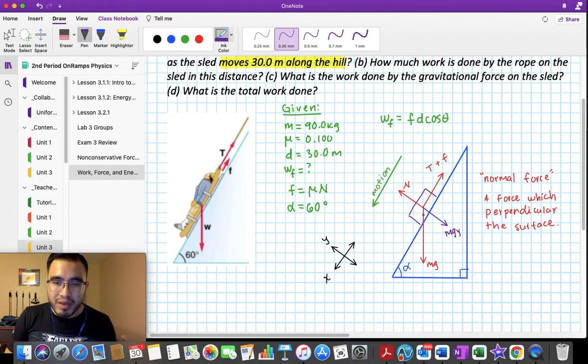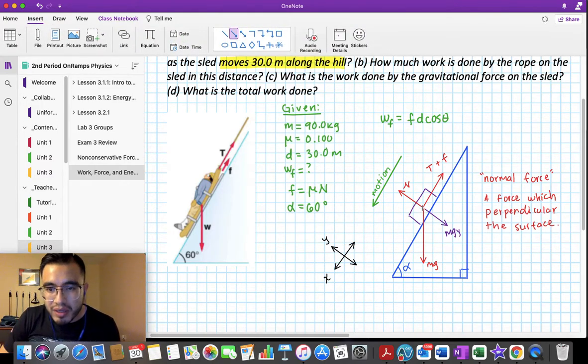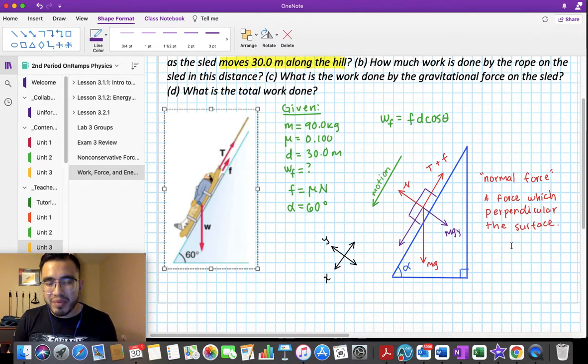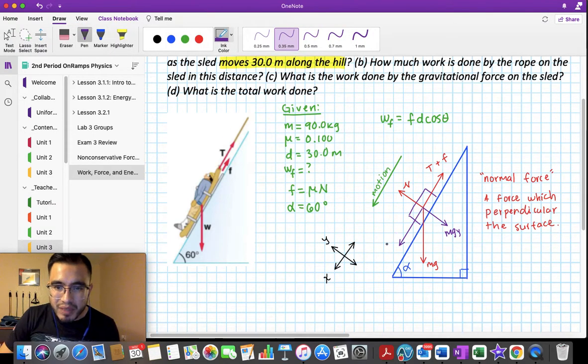And then we're going to have mgx, right? Because if the rope would snap, right? If it snapped, then this victim would just slide down the incline because of the force of gravity. So this is, there you go. Let's make sure it's, there you go. That's almost perfect, right? So this is the component of gravity along the x.